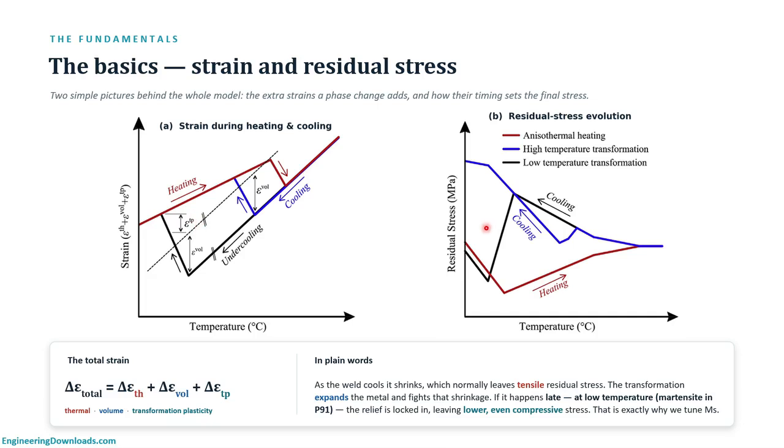On the right curves, you see what this does to the residual stress. Normally, cooling leaves a high tensile stress, but the expansion from the phase change pushes that stress down. And the timing matters a lot. If the change happens late at low temperature, like martensite in P91, the low stress gets locked in. This is exactly why I controlled the martensite start temperature, Ms.